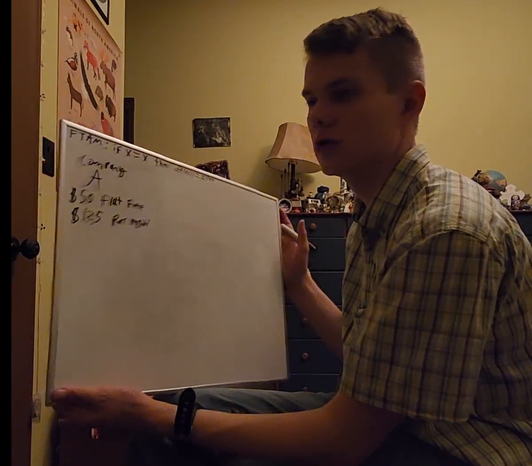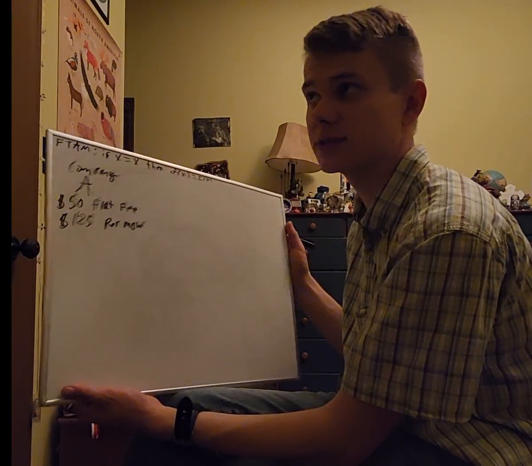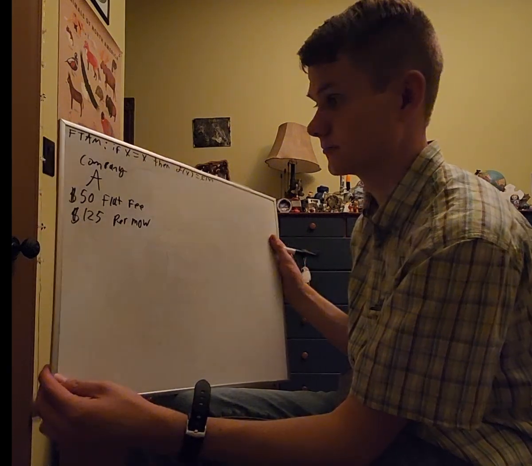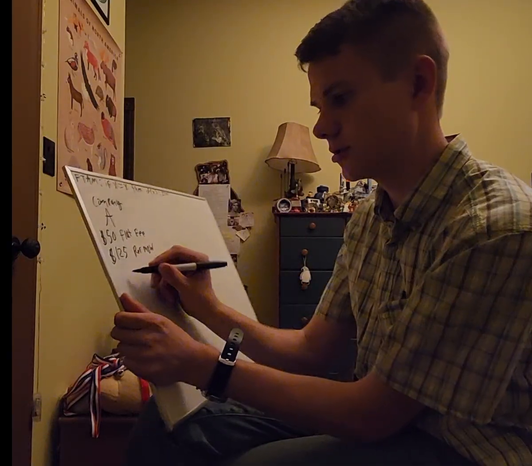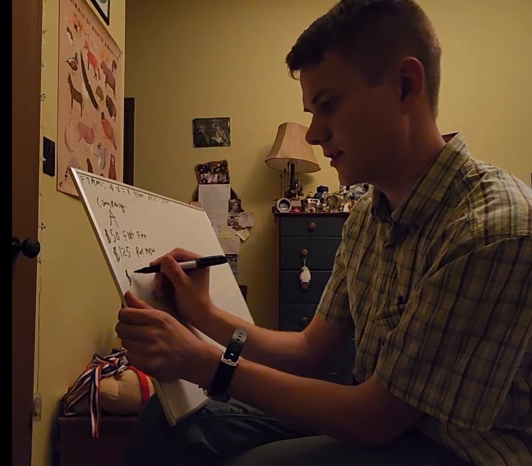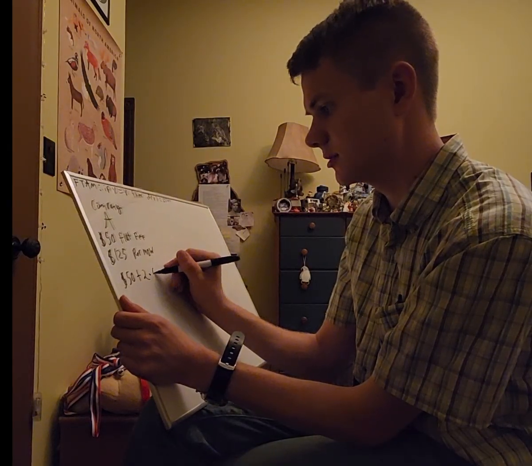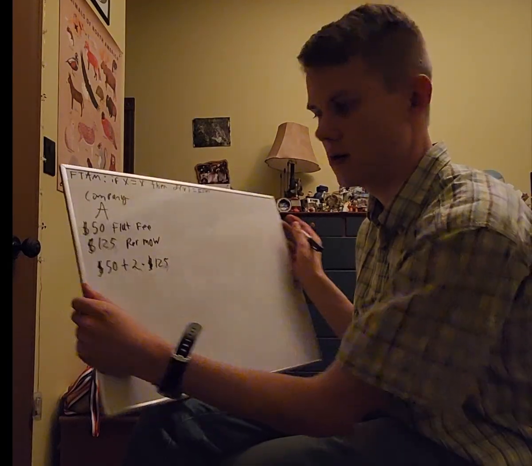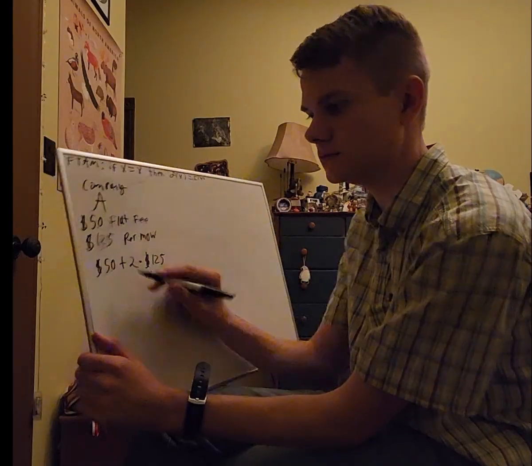And so you get your lawn mowed twice by them. I don't know, this is a complete hypothetical. Okay, so first of all, we got a flat fee of $50. And then since you got it mowed twice, that's gonna be 2 times 125.